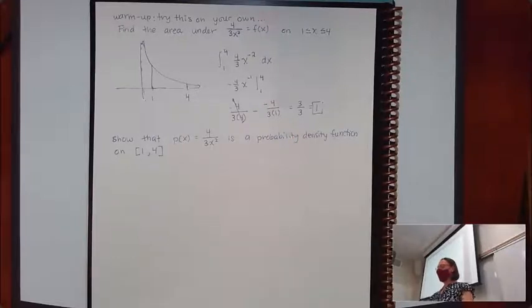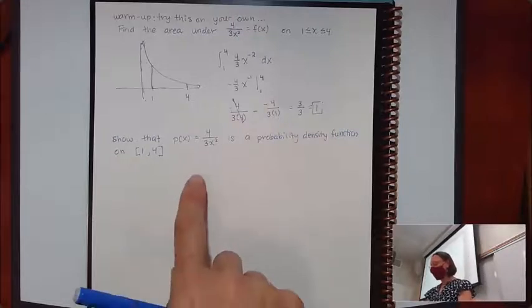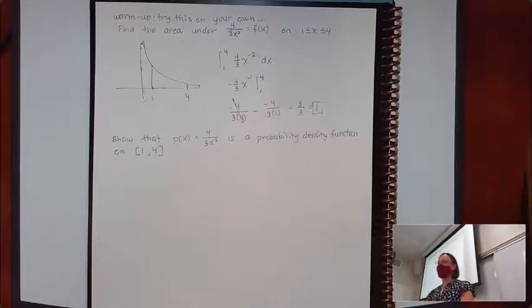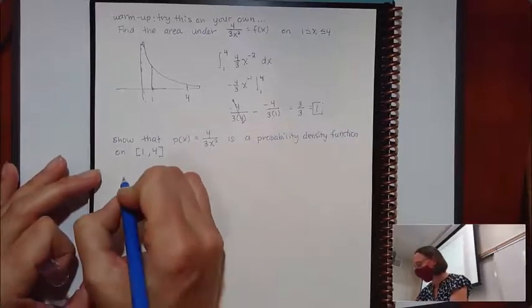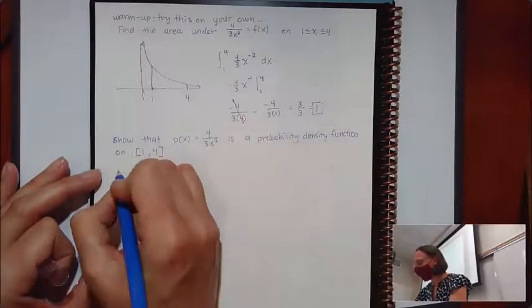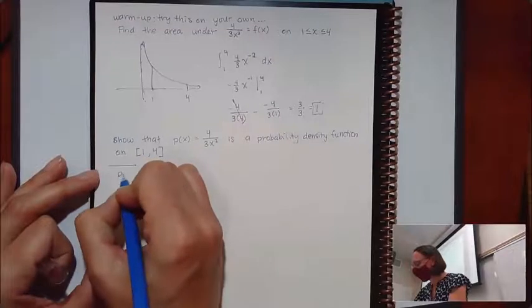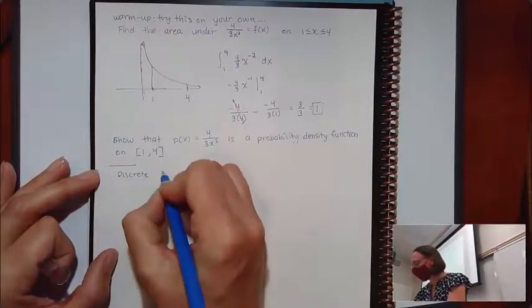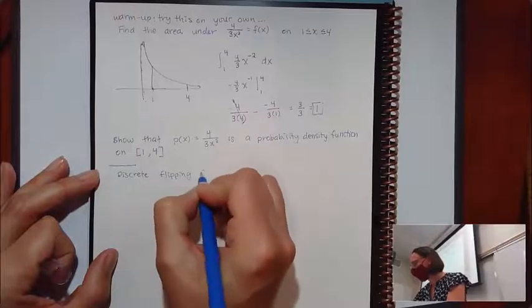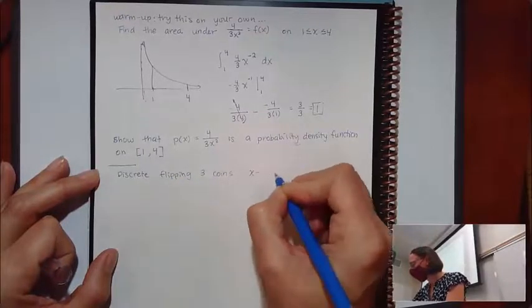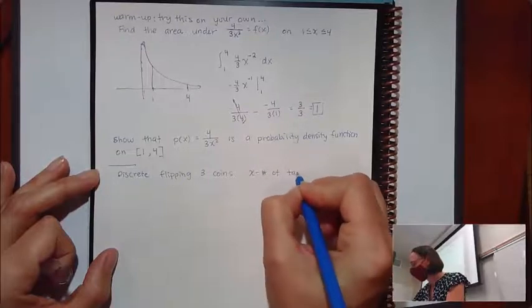In terms of things that we already know about probability, from those discrete counting problems, I know that all of my probabilities always have to add up to 1. So when we switch over to thinking about continuous probabilities, they also have to add up to 1. But let's go back to a discrete example and think about flipping 3 coins, and x is the number of tails.